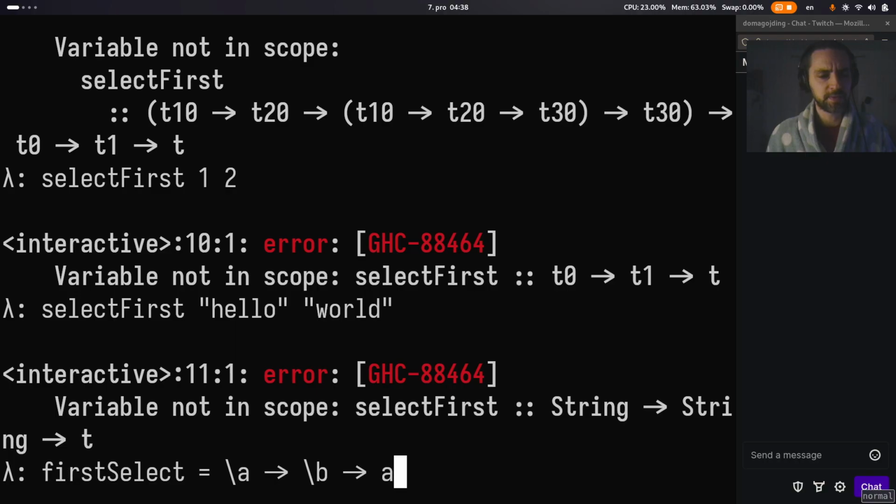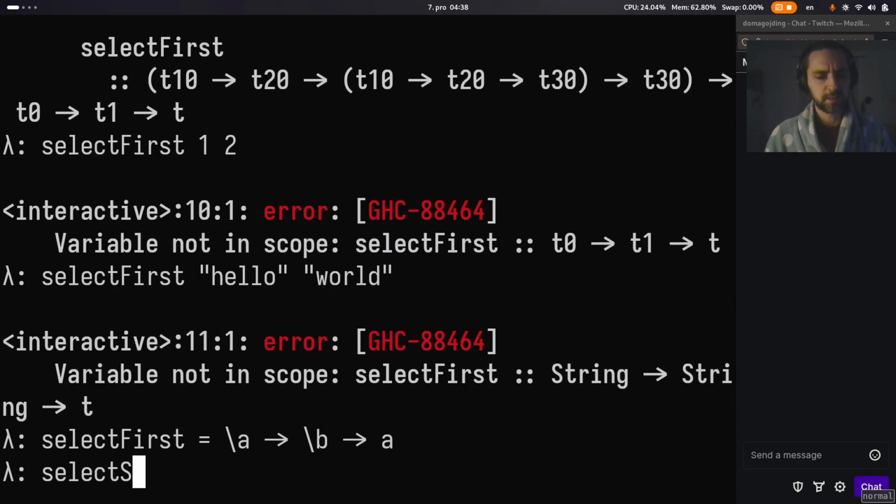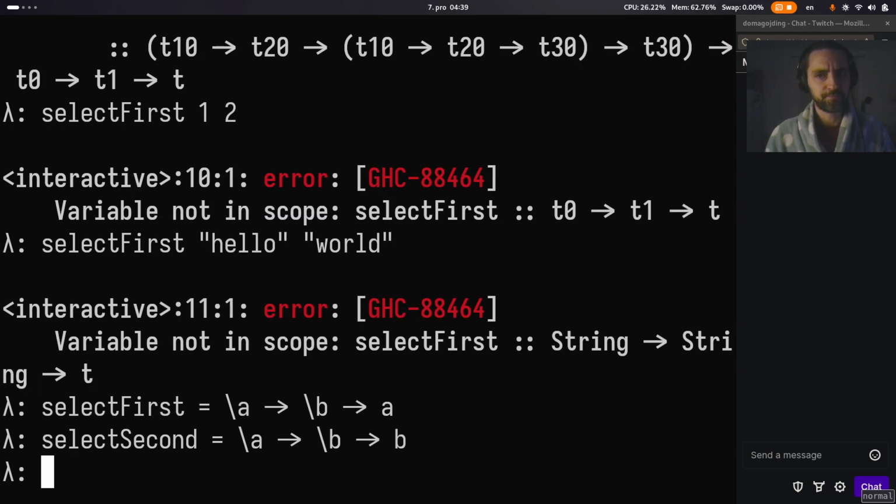Second select, first select. I'll do it like in the book. Select first, lambda A, lambda B, A, and select second, lambda A, lambda B, B.